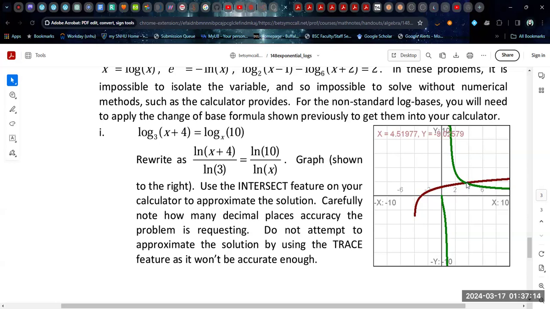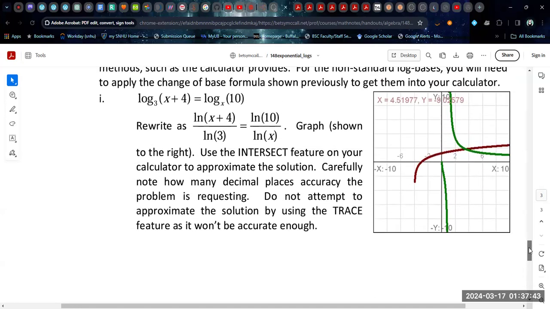In this case, we can see there's a value here where they cross each other. On the TI, you can use the trace function, although it may not be accurate enough. So you can't really try to read it off the graph. You may need more decimal place accuracy than you can get out of just visual inspection.